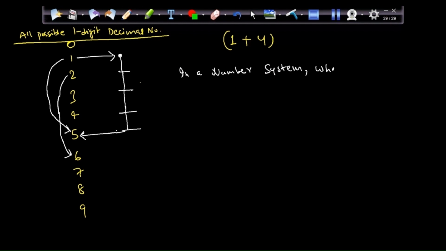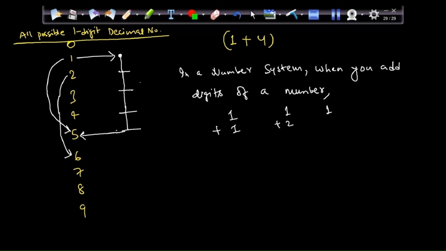In a number system, when you add digits of a number, like for example 1 plus 1, 1 plus 2, or 1 plus 3.